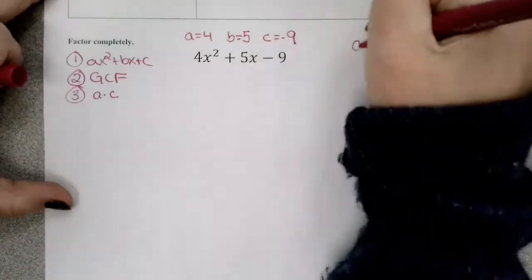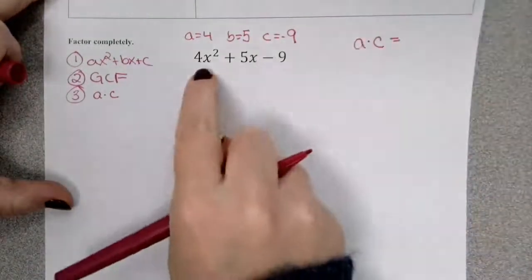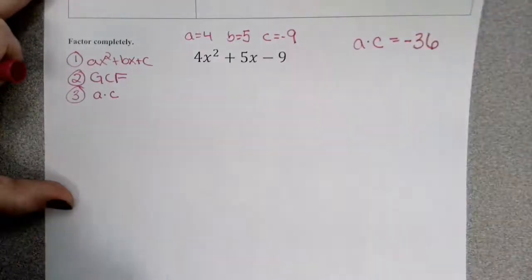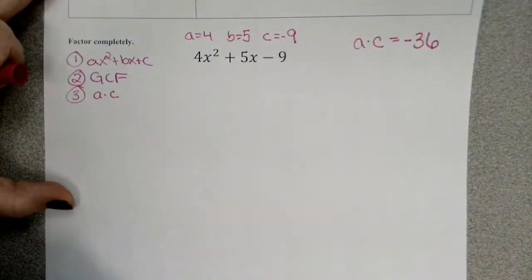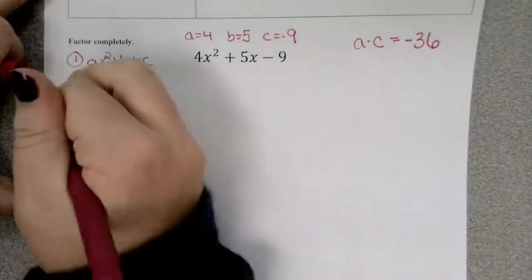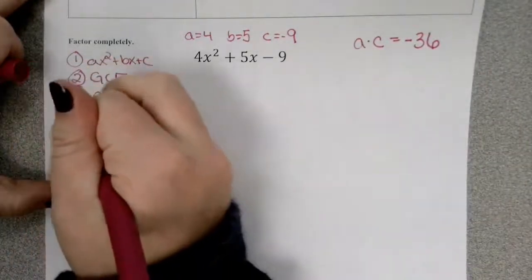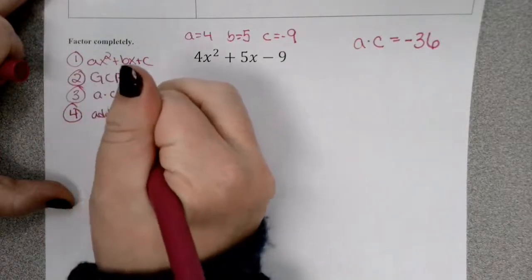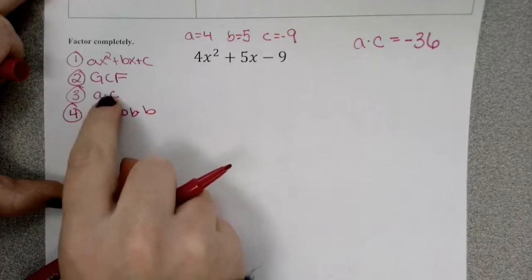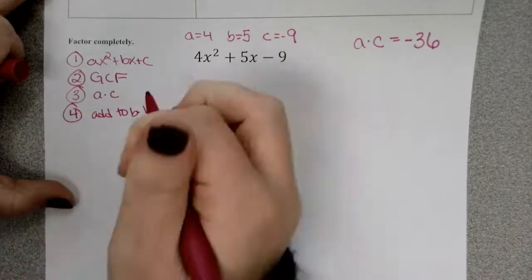So A times C, 4 times negative 9, is negative 36. Now, I need to think of two numbers that multiply together to be negative 36, but add to be B. So they have to multiply to be AC, but add to be B.